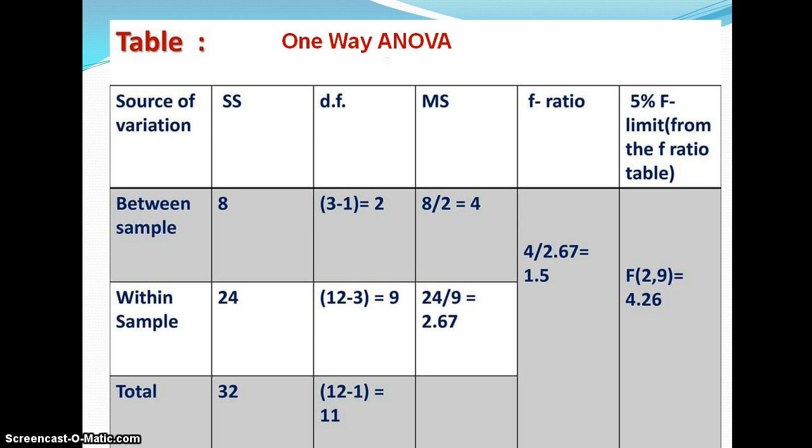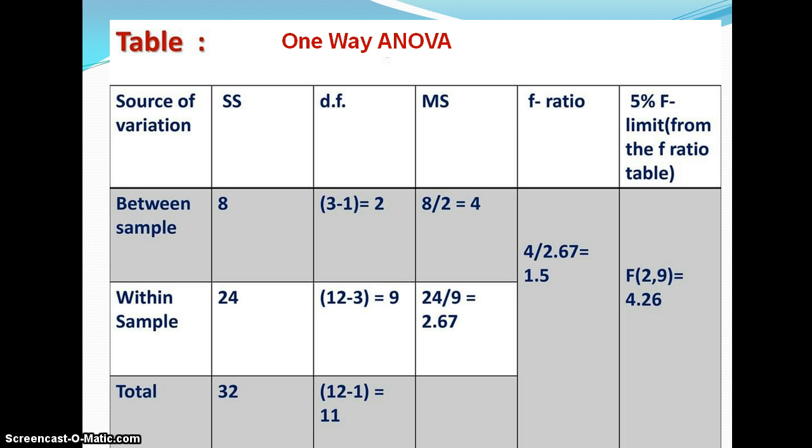It is the mean square between, 4, divided by the mean square within the sample, 2.67. 4 divided by 2.67 becomes 1.5.